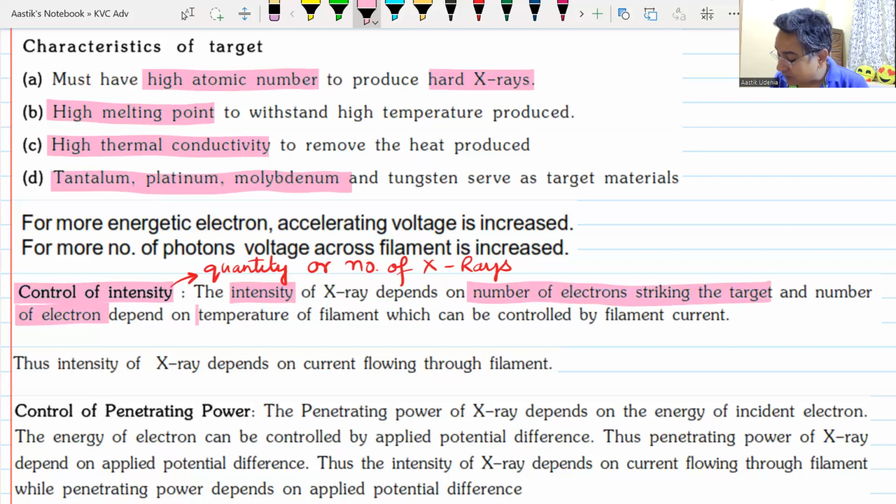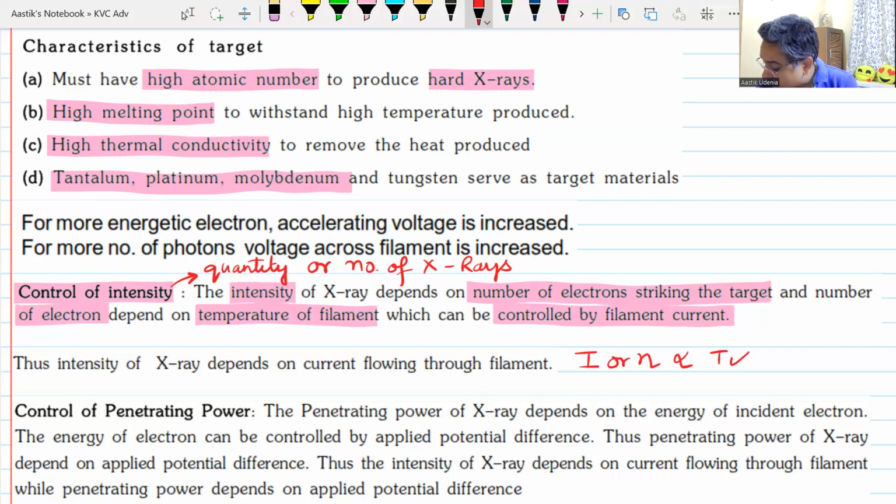Number of electrons depends on the temperature of the filament, which is dependent on the filament current. Therefore, I can write, my dear friend, intensity or the number of X-rays is directly proportional to the temperature, which is directly proportional to the current of the filament, which is directly proportional to the voltage of the filament.